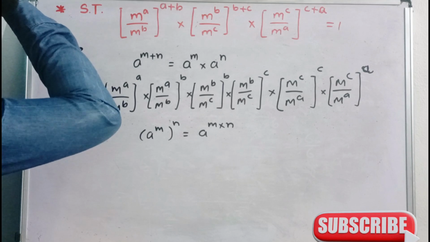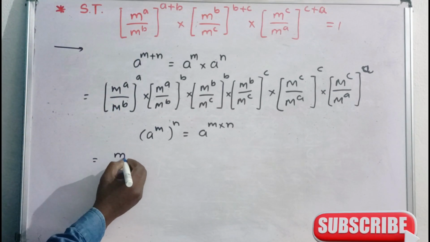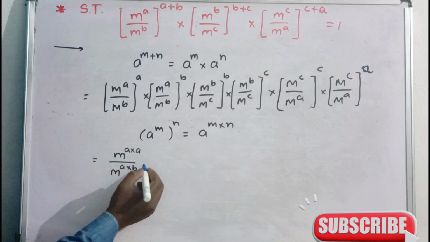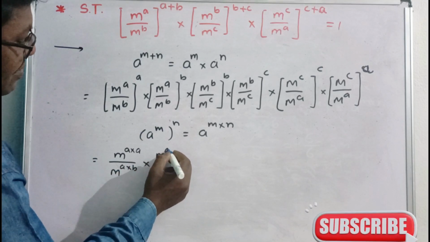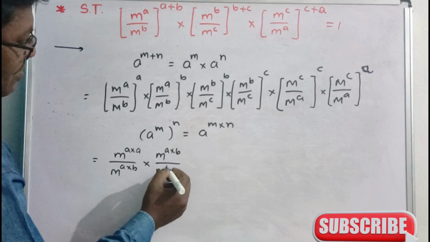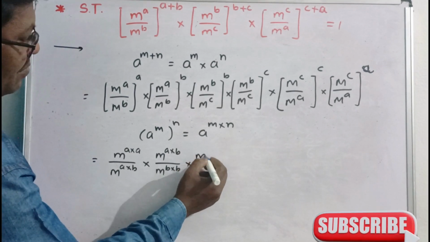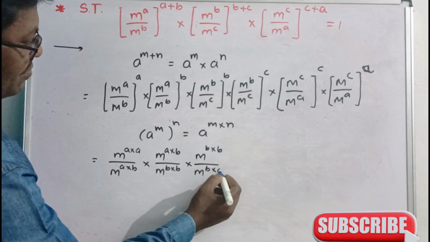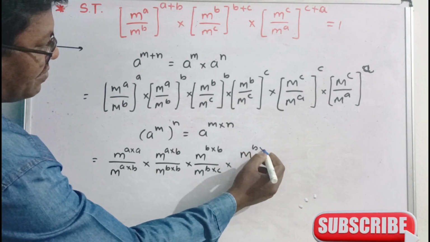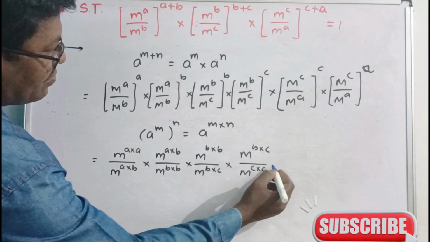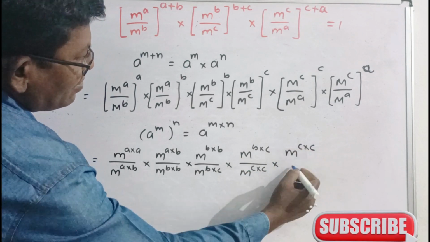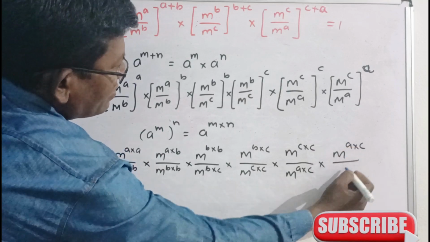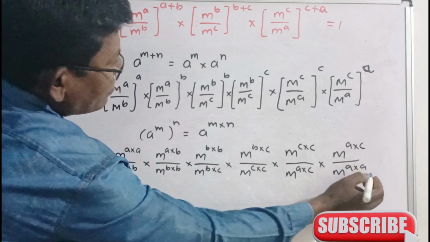Directly multiplication of powers, so it is equal to m^(a·a) / m^(a·b) into m^(a·b) / m^(b·b) into m^(b·b) / m^(b·c) into m^(b·c) / m^(c·c) into m^(c·c) / m^(a·c) into m^(a·c) / m^(a·a).